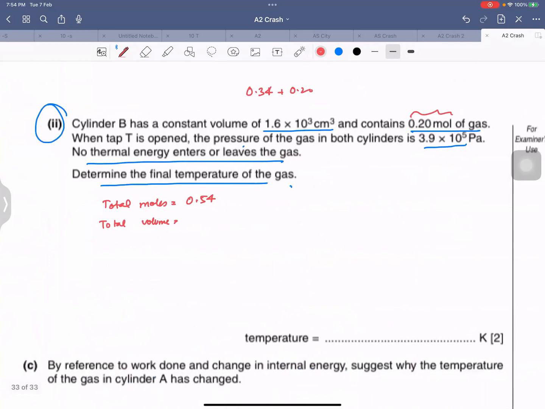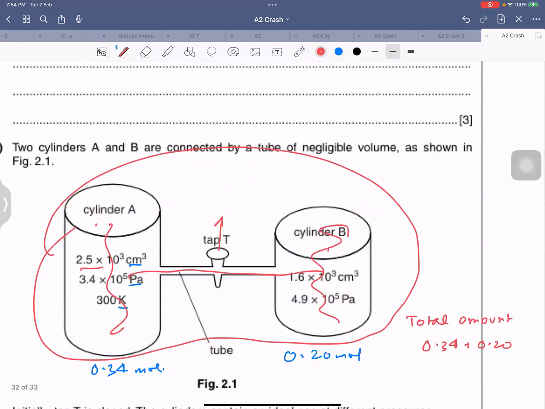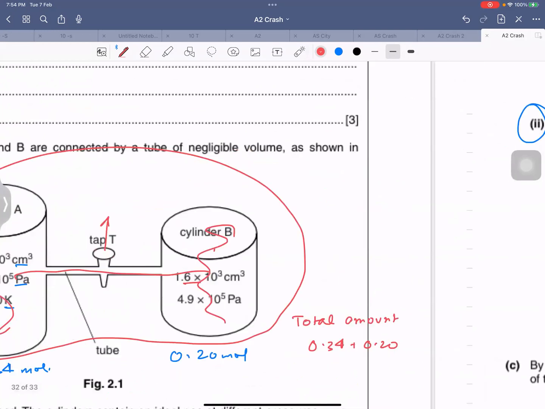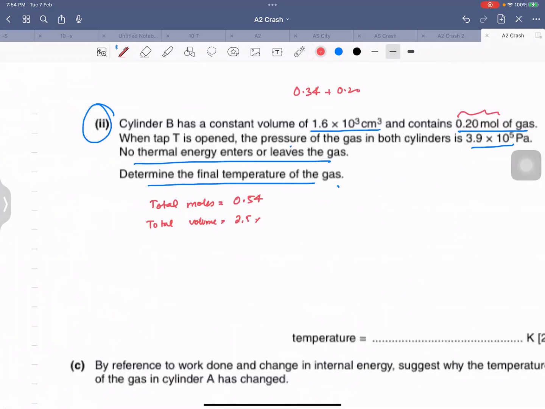The volume initially was, I think, 2.5 and now it is 1.6 as well. So can we add 2.5 times 10 raised to the 3 plus 1.6 times 10 raised to the 3? All right. So what do you get? I think 4.1. Right? 4.1 times 10 raised to the 3 centimeter cube. Please don't trust my mental calculations.